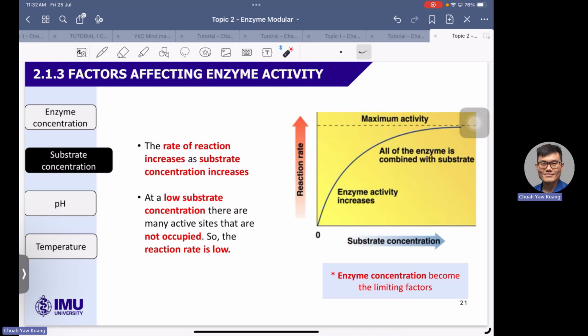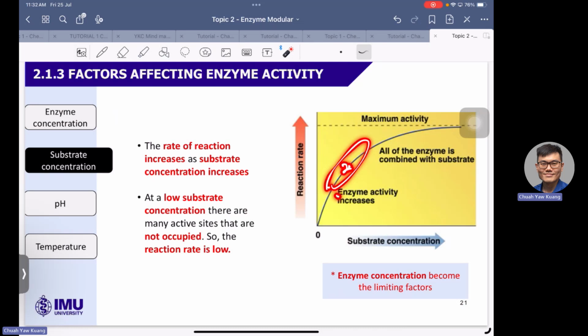You can say there are still a lot of active sites that are unused, or still empty. So that's why very little product is produced over time. Then next, part 2.